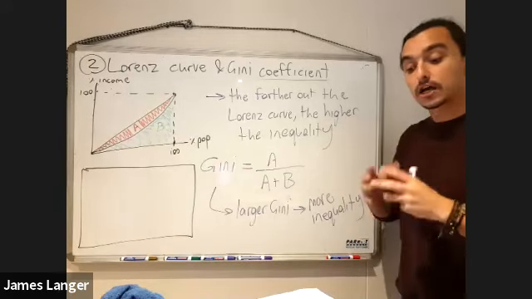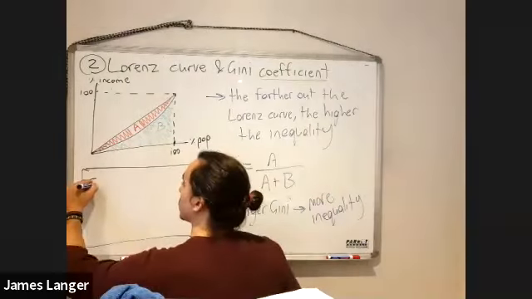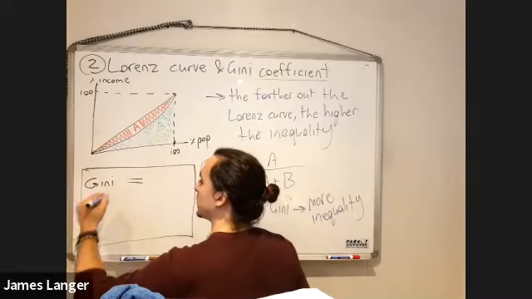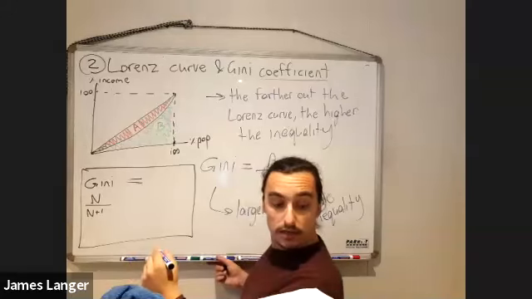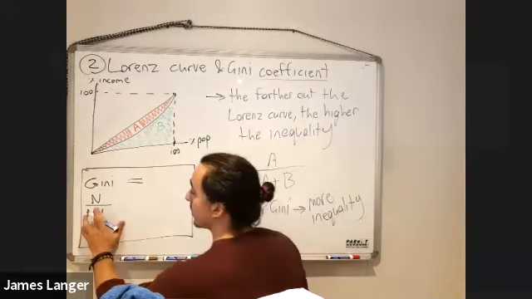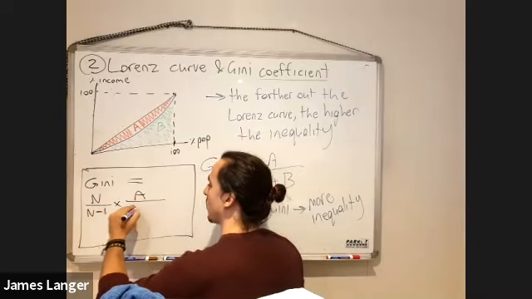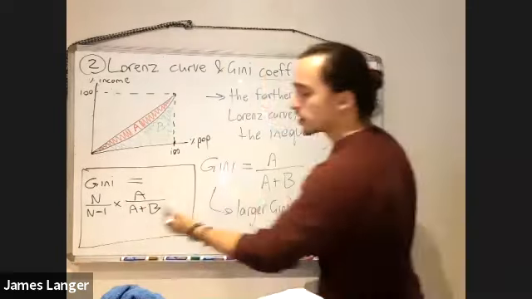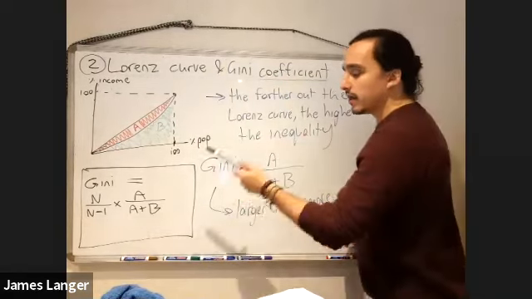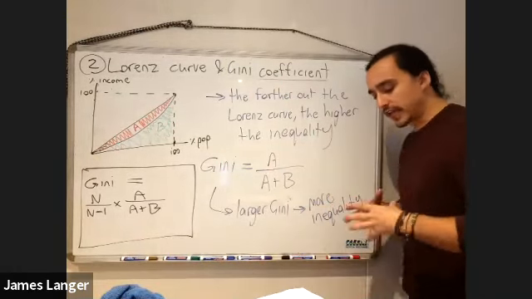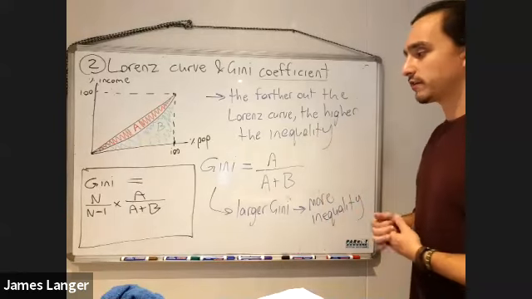But if you were given a small population, then your Gini is going to be equal to n over n minus 1 times a over a plus b. There's a good example in the online CORE textbook that you can go look at, where they give you a model with 2 people and show you why this is necessary. It's not necessary for us to go through that.